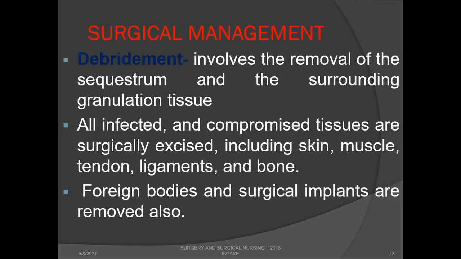And there is debridement. This involves the removal of sequestrum and the surrounding granulation tissue. All infected and compromised tissues are surgically excised, including skin, muscle, tendon, ligaments, and bone. Then foreign bodies and surgical implants are removed also.